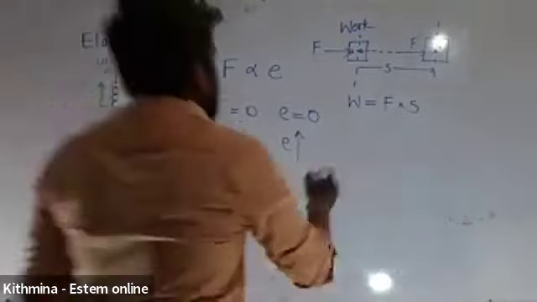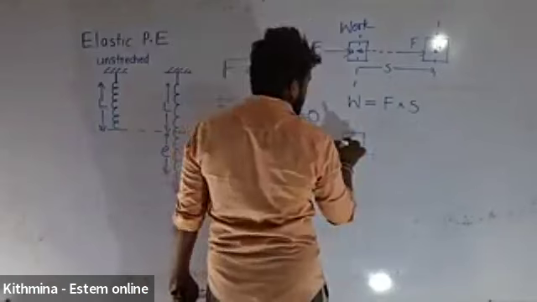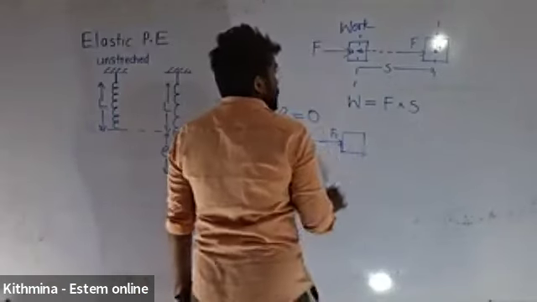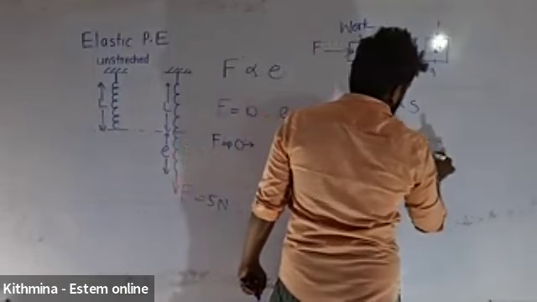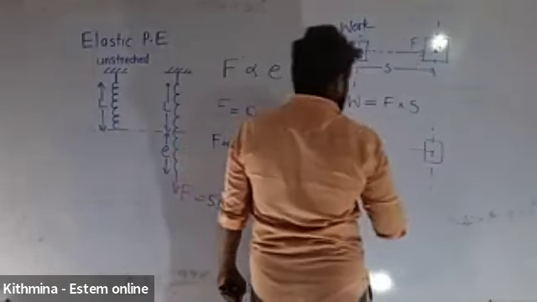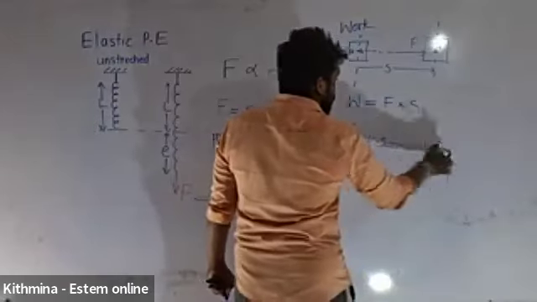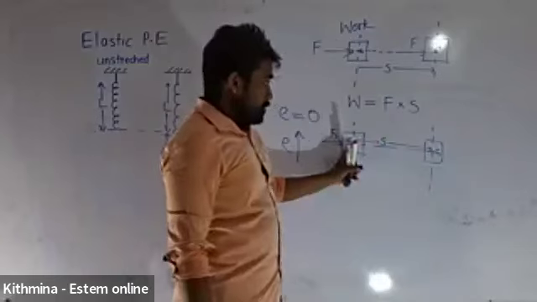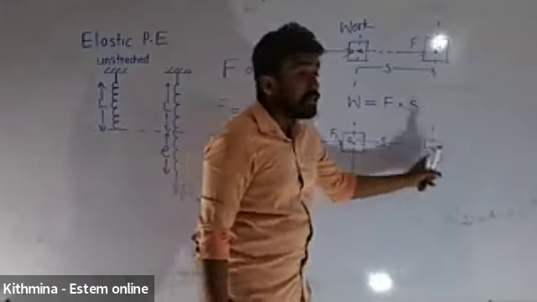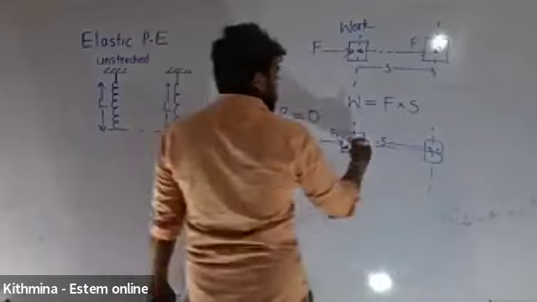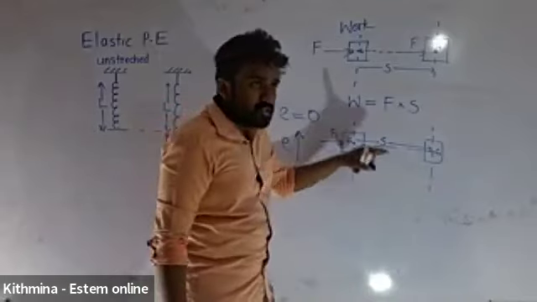Then if this force is changing, suppose this is F1, because of this F1 this object travels to this point, and this is S. Always consider the motion of the gravitational center, the displacement in the direction of the force.